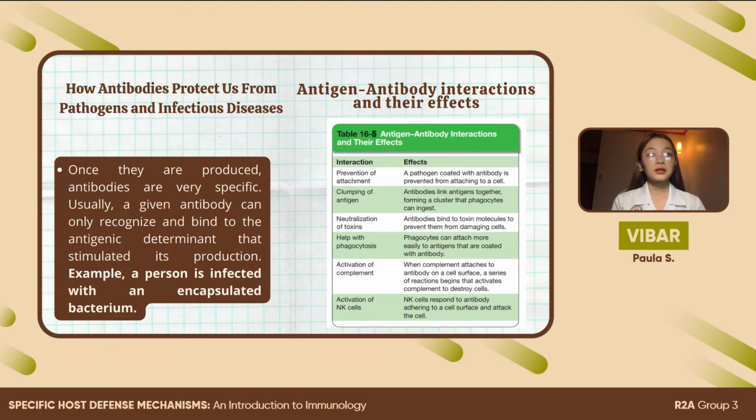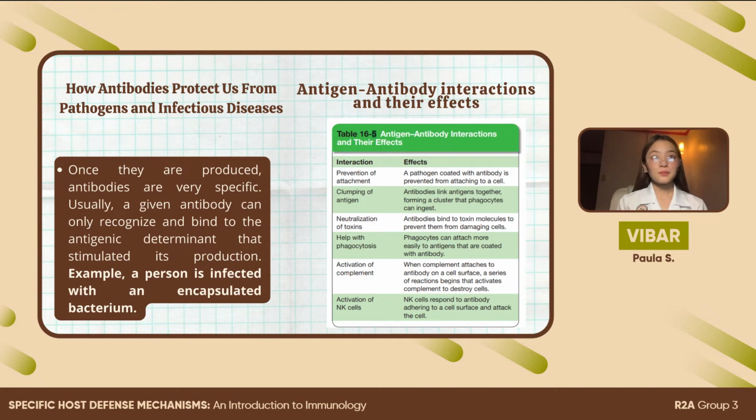Recall that bacterial capsules serve an antiphagocytic function, meaning that phagocytic white blood cells are unable to phagocytize encapsulated bacteria. The reason for this is that the phagocytes have no receptors on their surface that recognize the polysaccharide molecules. If the phagocyte is unable to attach to the encapsulated bacterium, it is unable to phagocytize it.